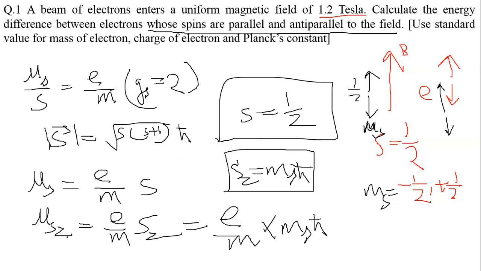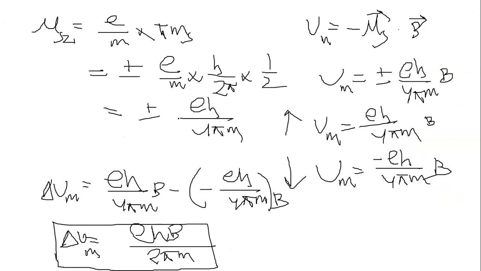Because the z component is quantized, we get mu sz equal to plus minus eh by 4 pi m. The electrons have different spins, that is, one is parallel and the other anti-parallel. Due to their different directions, they will experience different force, and as a result their energy will be different.